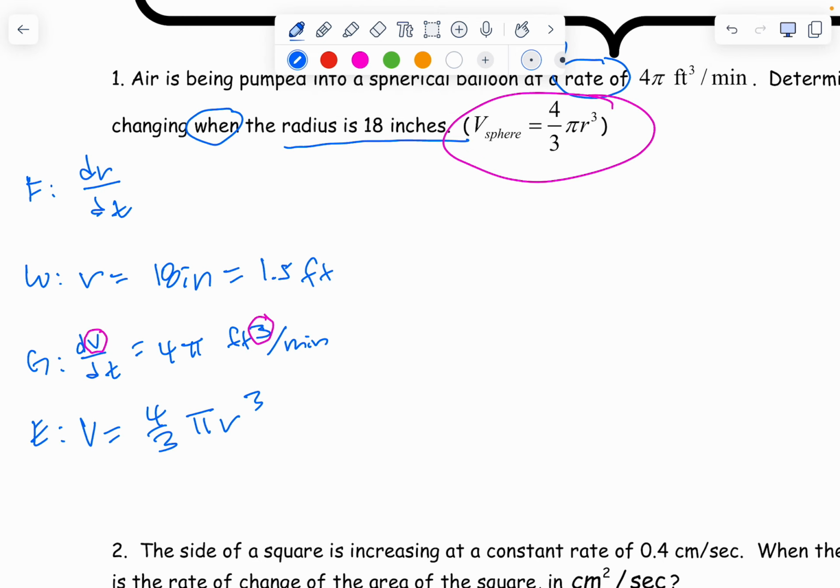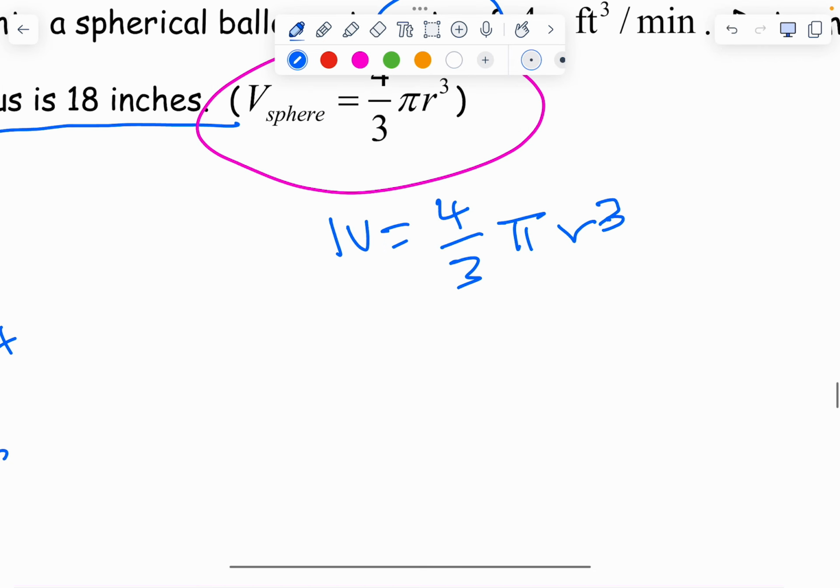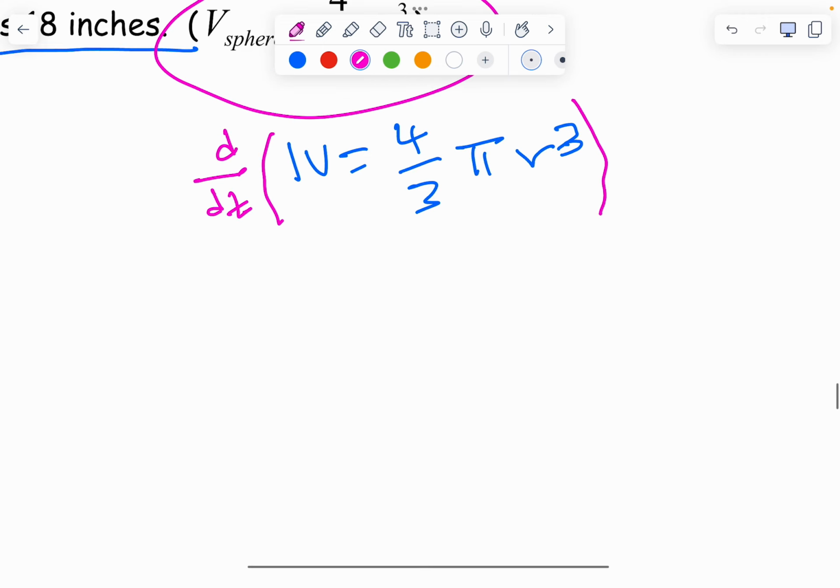All right, here we go. Let's start with the formula. I want you to write the formula off to the side. 1v, you don't have to write the 1. 4/3 pi r cubed. We are going to derive this. So this is deriving the volume with respect to t. All right. Aaron, what's the derivative of 1v?